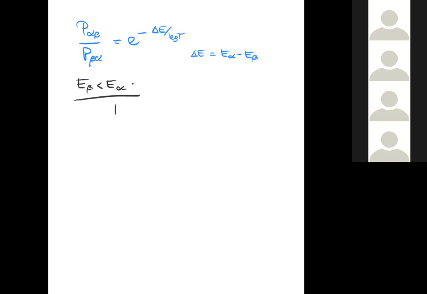So P alpha beta over P beta alpha. If E beta is less than E alpha, then if I have a transition that goes into the lower energy state, I always accept, okay? So the probability to do that was 1. We always accept that move.